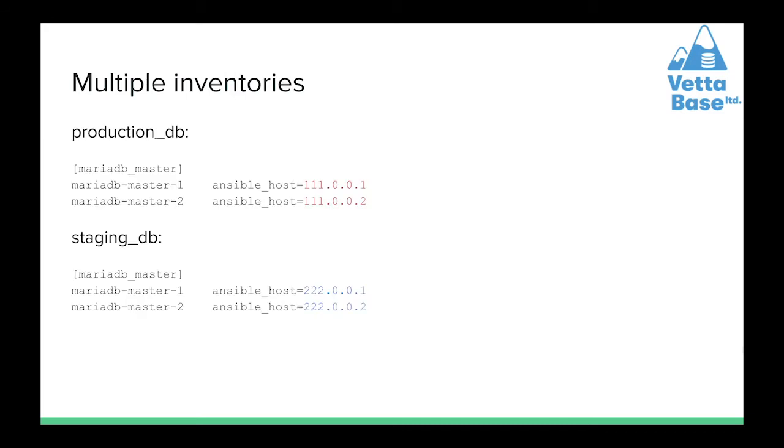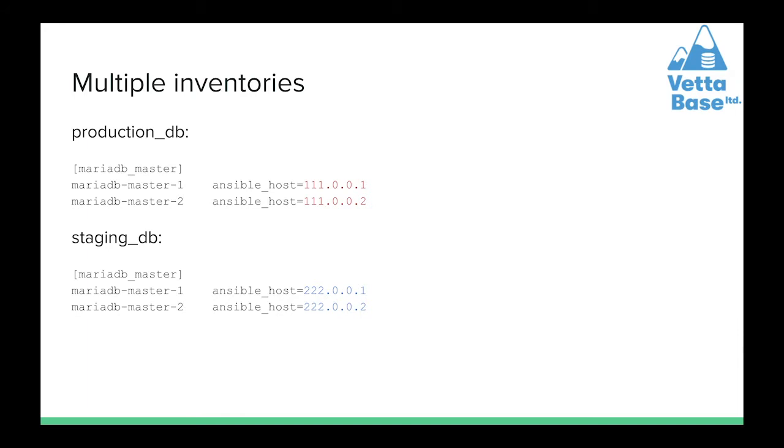You can have, and probably you should have, multiple inventories. So for example, you could have one inventory for production and one for staging, but actually it's also recommended to group inventories by function.